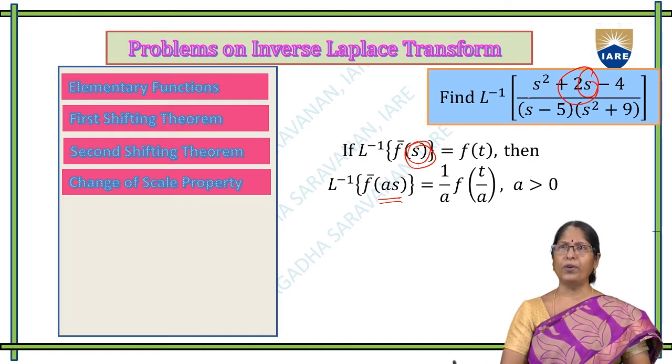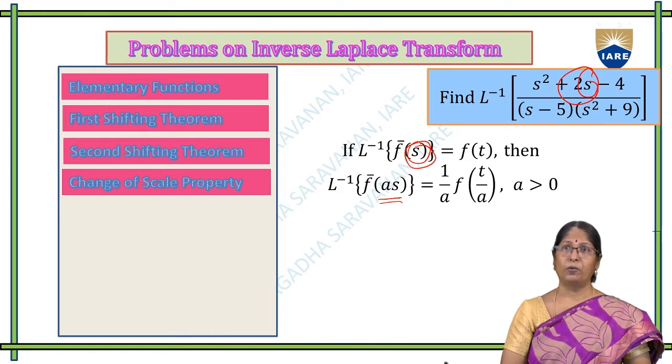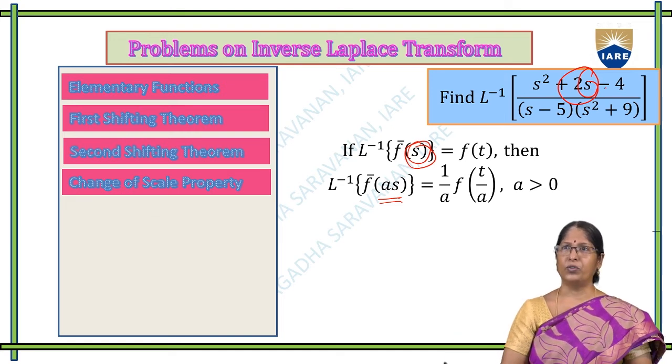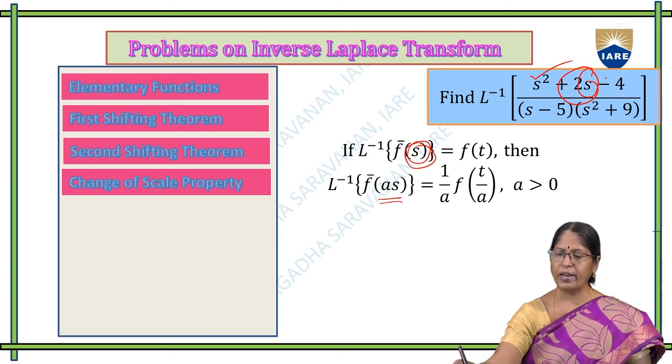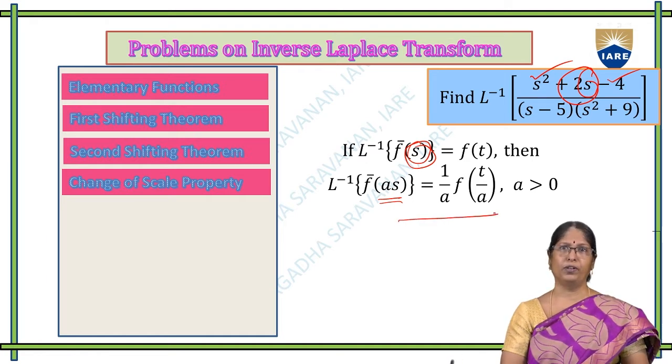If it were only 2s, we could think about it a little. But the entire s square is there, joined with s square and minus 4. So totally it is not possible.